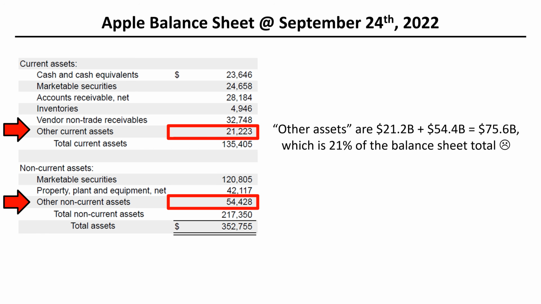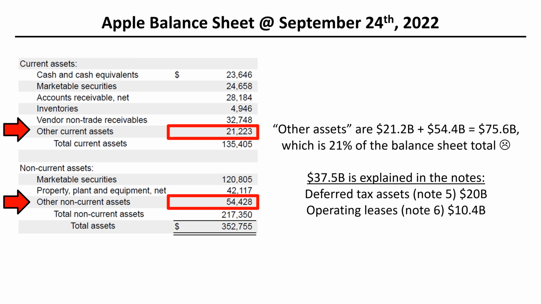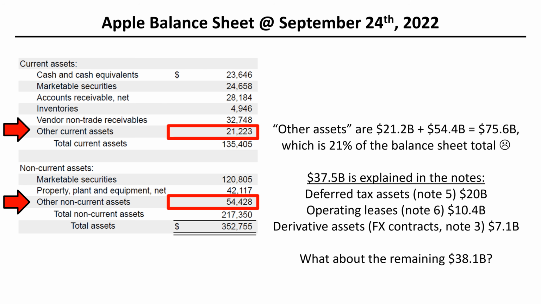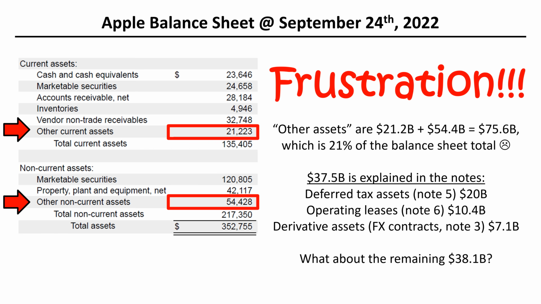By reading through various notes of the financial statements, we can come up with large balances in deferred tax assets, operating lease assets, and derivative assets, but we get nowhere near explaining the full amount. I found this very, very frustrating, and I think Apple could do a far better job in terms of transparency by not lumping together so many unnamed line items into a category called Other. Nothing we can do about it right now, so let's move on to the next asset.